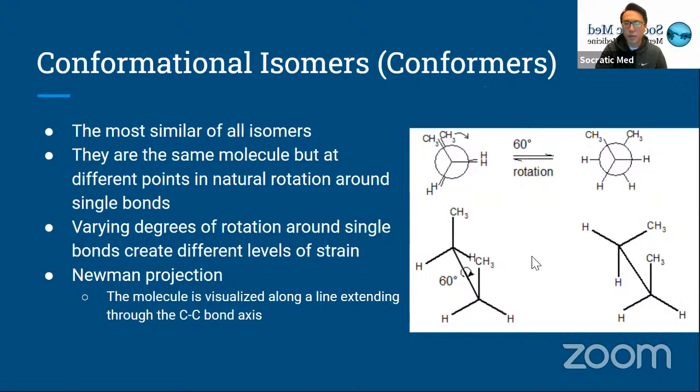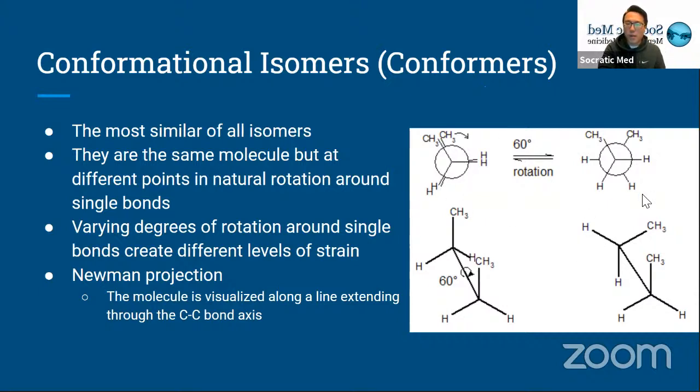single bond. And then on the bottom, it's a more detailed representation of how the bond looks between the two carbons. Instead of looking directly across the bond, this gives a bird's eye view of the bond between the two carbons. So these are conformational isomers.